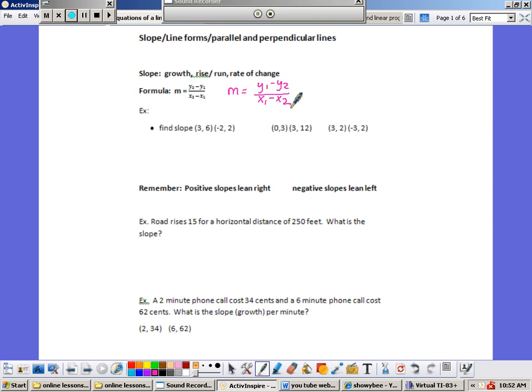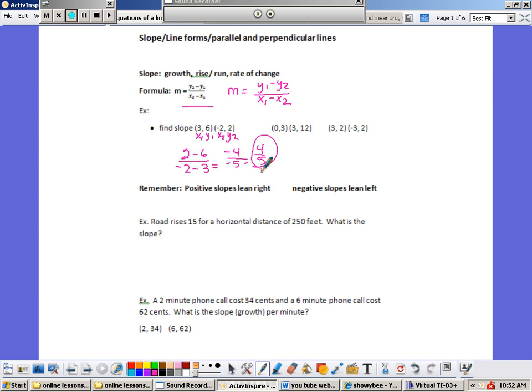Okay? Now, to find the slope when we have 2 points, you call one x1 and y1 and one x2 and y2. Then, if I take this formula, it would be 2 minus 6 over negative 2 minus 3. That would be negative 4 over negative 5, which is 4/5.